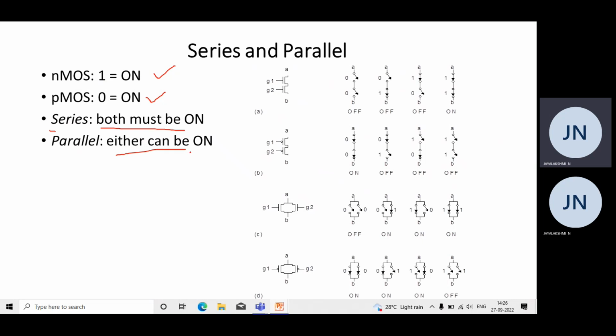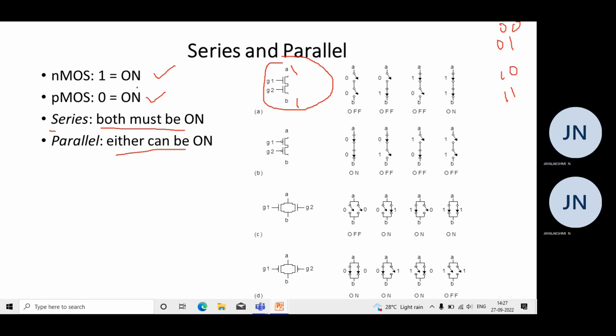Here, figure A shows NMOS transistors connected in series having 2 inputs A and B. Here we are having 2 controls G1 and G2. These 2 controls can be checked for 4 conditions, that is 0 0, 0 1, 1 0 and 1 1. Let us check it out for the 0 0 condition.